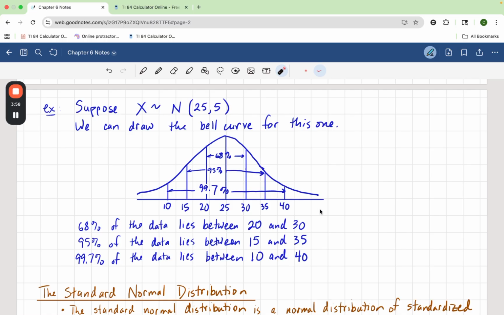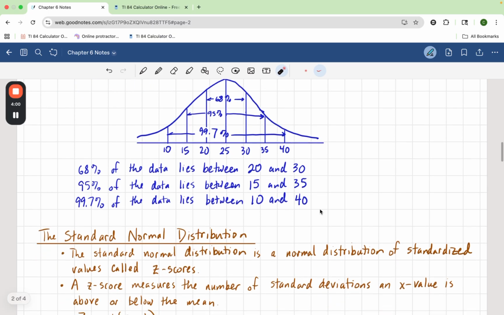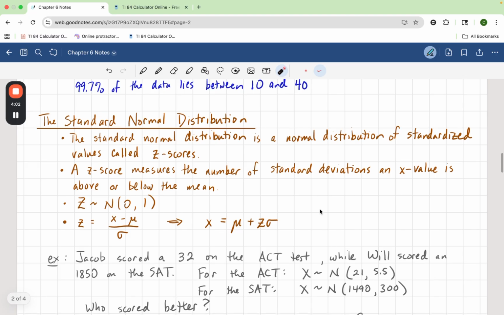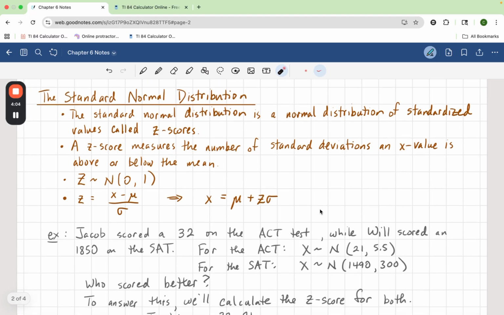Alrighty, the standard normal distribution. We can take any normal distribution and transform it into a standard normal distribution using the one little calculation that you see down there: z equals x minus mu over sigma. The standard normal distribution is a normal distribution of standardized values called z-scores.